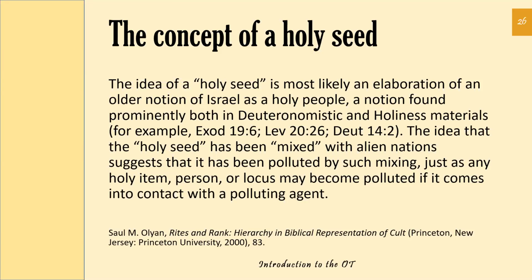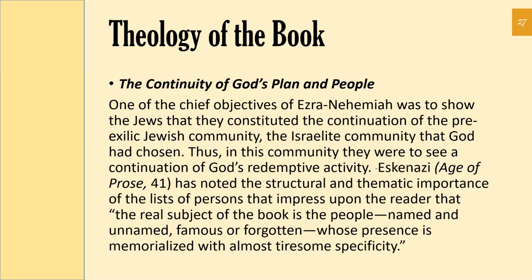Yes, so let us just summarize the theology of the book, because I have another class at 11. Just very briefly, one of the chief objects of Ezra-Nehemiah was to show the Jews that they constituted the continuation of the pre-exilic Jewish community, the Israelite community that God had chosen.